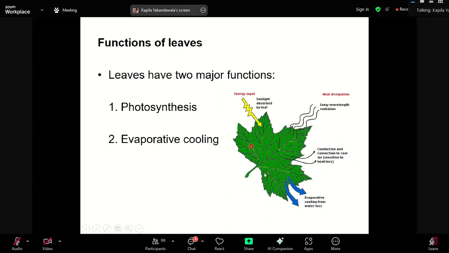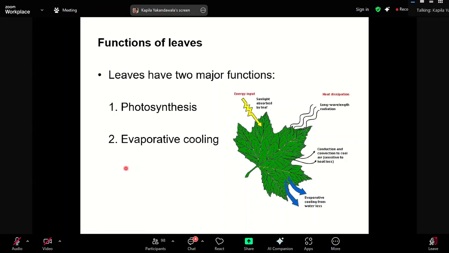So they absorb heat and evaporate water in vapor form. For this process, the plant needs energy or heat. So during this process, the plant leaf can cool the environment.